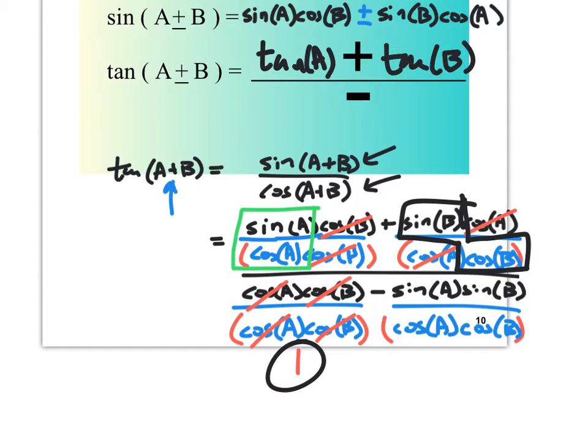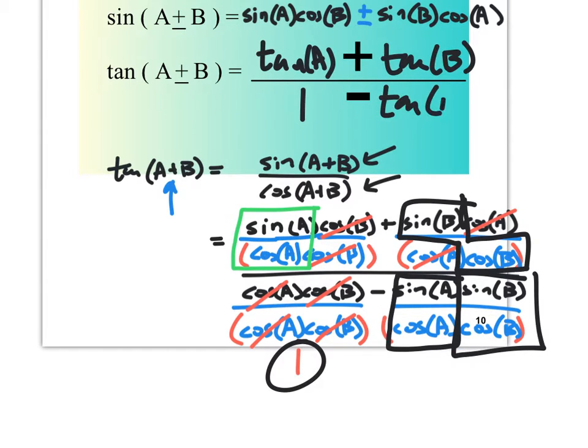Well, we turned it into a 1. And what do we have here? Tan A, tan B. That's supposed to be a T. Tan B. Alright, cool. We're going to develop one more here on the next slide.